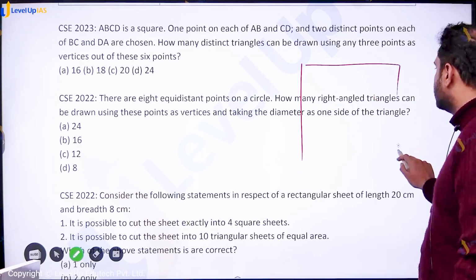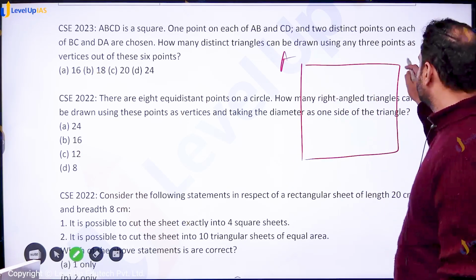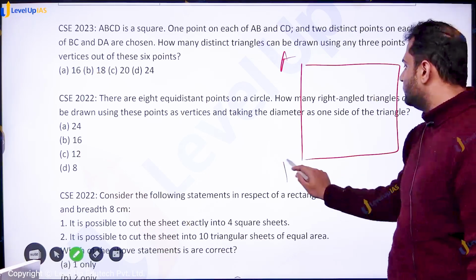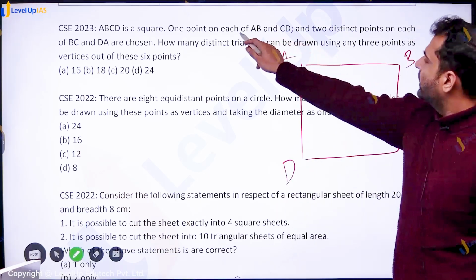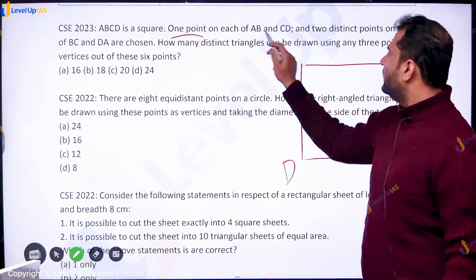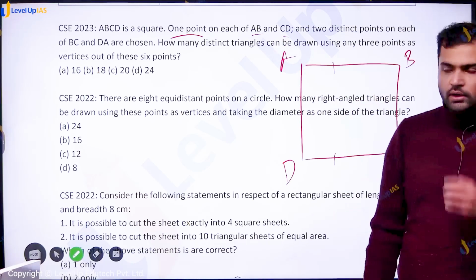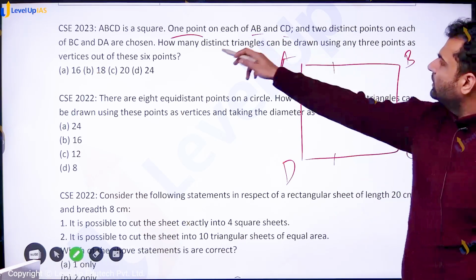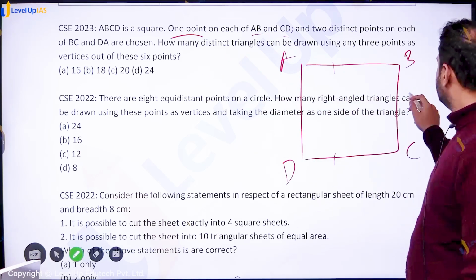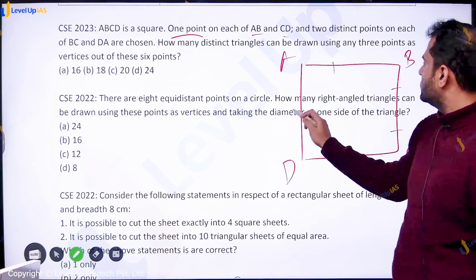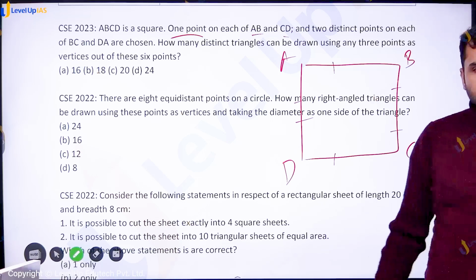So we are considering this kind of square. Let us say ABCD. We are taking 1 point on AB and CD. So let us take 1, 2, okay, and 2 points on BC and AD. BC 2 points. Let us choose 2 points, and AD 2 points.